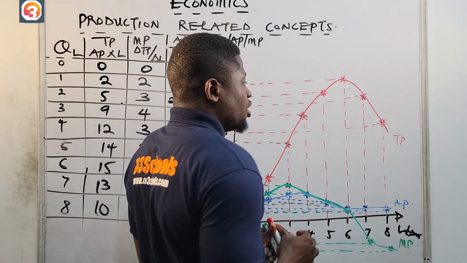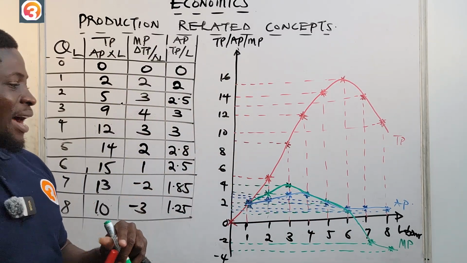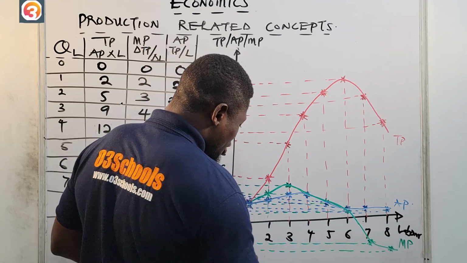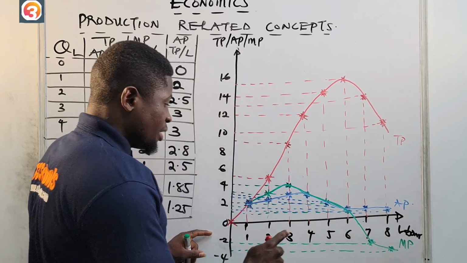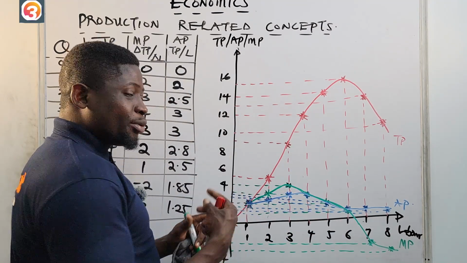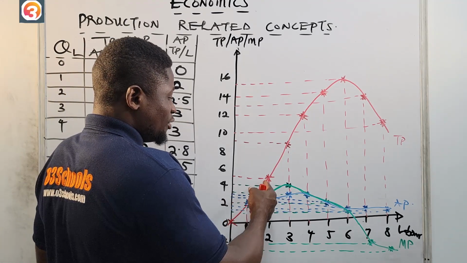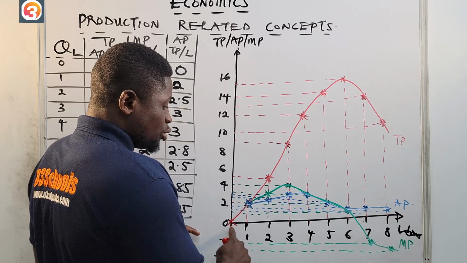Now to the TP curve. As we begin to employ more and more workers, look at the number of laborers. As the number of laborers increases, you see that the output will be increasing steadily. That is between 1 and 3 workers.